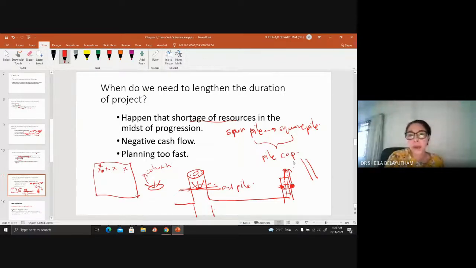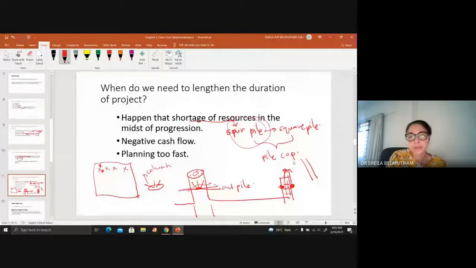Hence you can have a shortage of resources if you are using spun pile. Alternatively, if you can get the green light from the consultant, then you can substitute with a square pile. But if a certain area is crucial and really requires the strength of a pre-stressed spun pile, then you would have a problem, a shortage of resources.